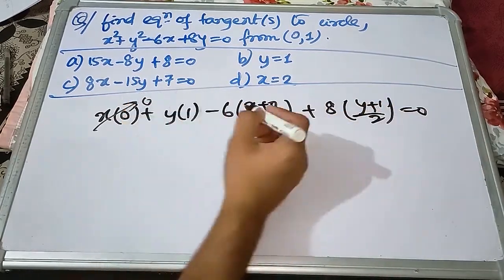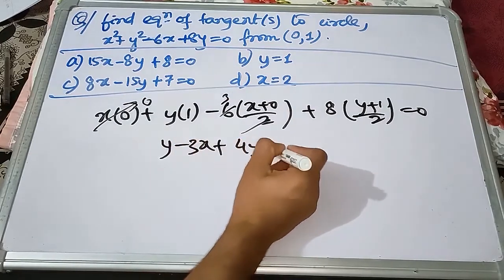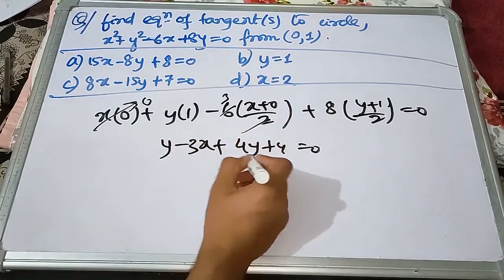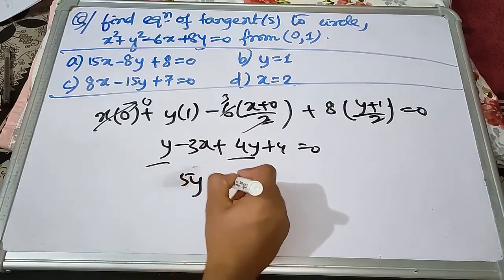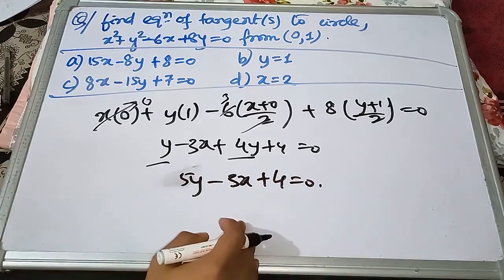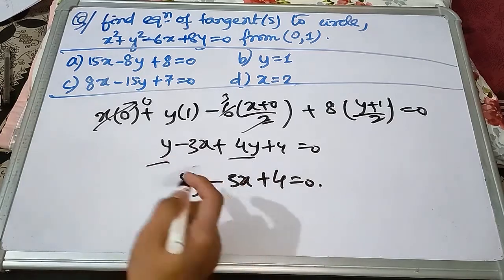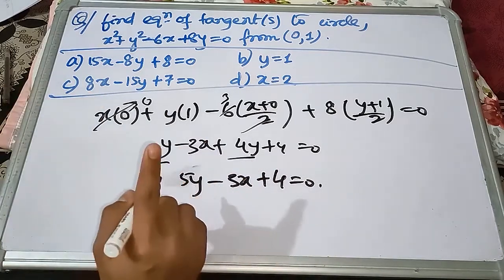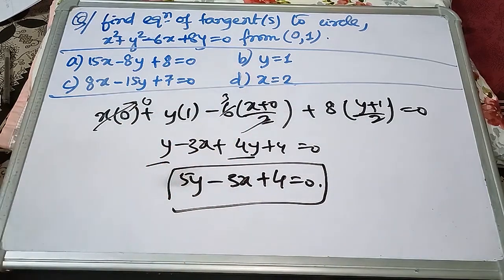Now this gets 0, this is 3, therefore y minus 3x plus 4y plus 4 equals 0. This becomes 5y minus 3x plus 4 equals 0. So what you can see is that the options are nice, but the examiner might keep this option as well and you will tick it and commit a blunder.